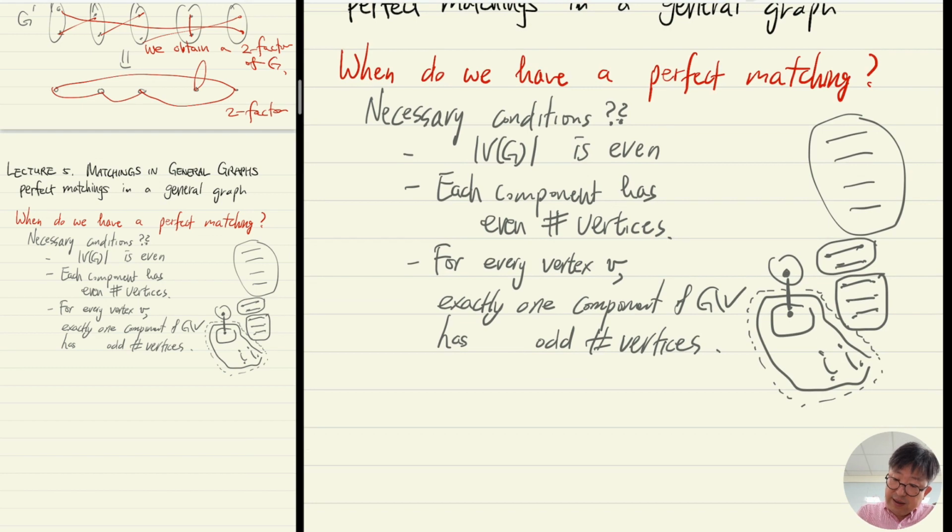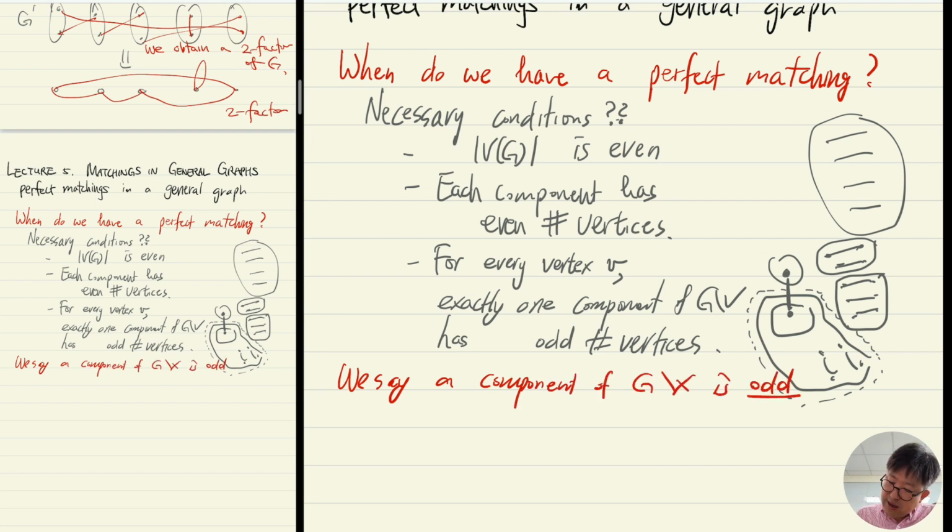So let's say a component of G delete X is odd if it has an odd number of vertices.